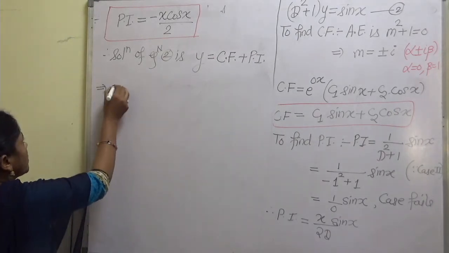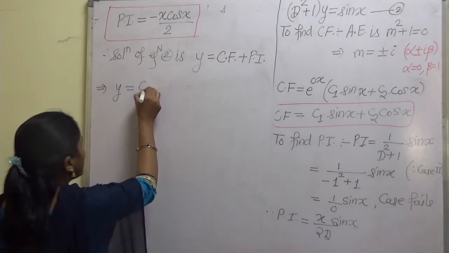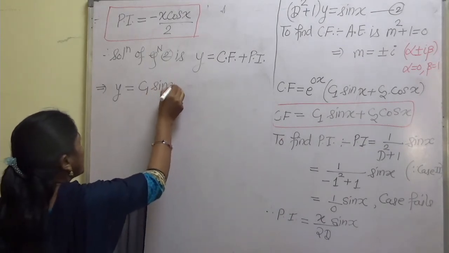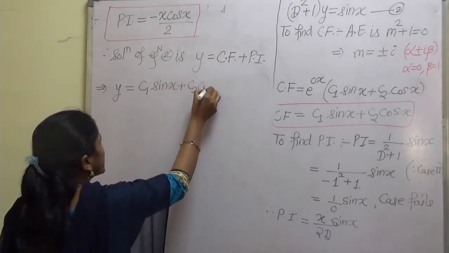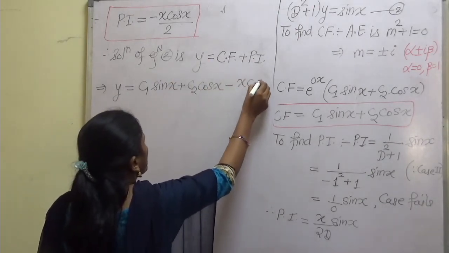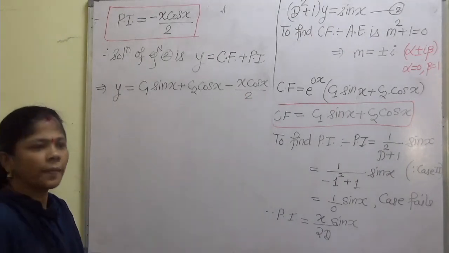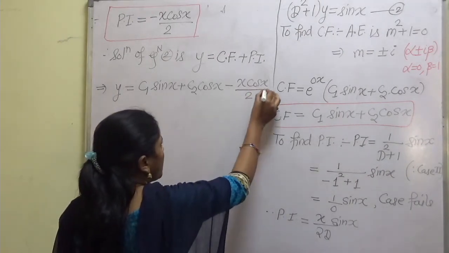So y is equal to what? The complementary function is c1 sin x plus c2 cos x, and the PI is minus x cos x by 2.